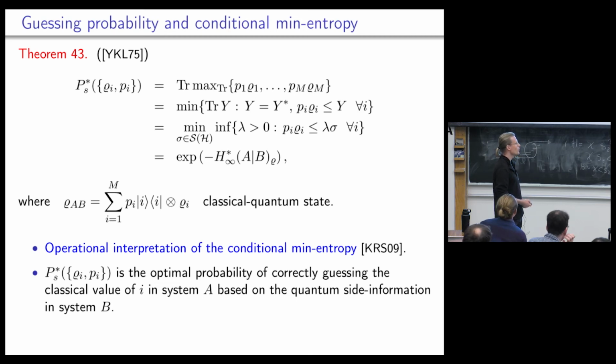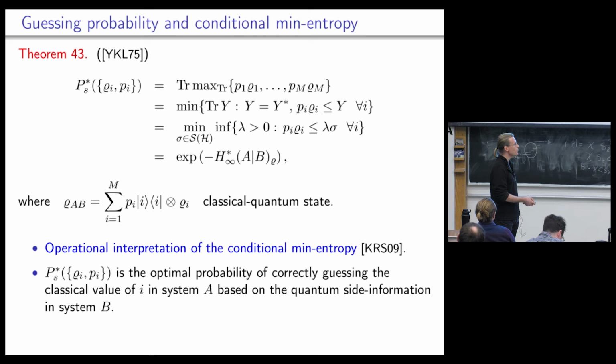And if you want to understand it in even more detail, then you can think of it as having this composite system, this classical quantum state, and one player, Bob, has to find out the classical label. And he knows that the state is this, but he only has access to this system, and he can make measurements on this system.